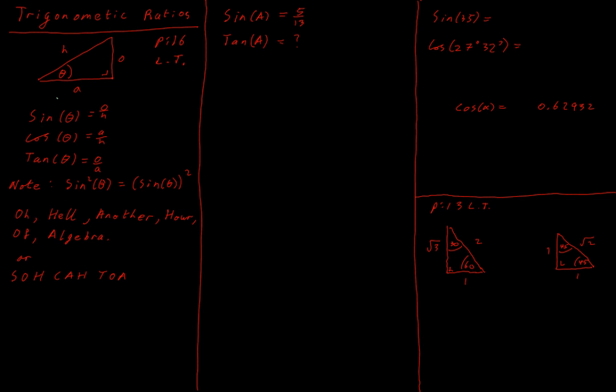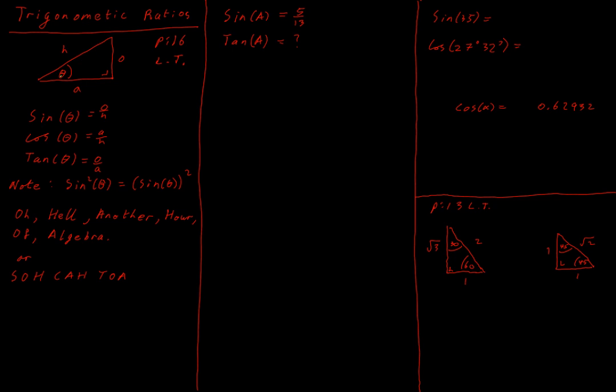Now, if I have an angle theta, which again is just a letter we use for angles at higher level Leaving Cert, the sine of our angle is defined as the ratio of the opposite over the hypotenuse of the triangle. The hypotenuse being the side that is opposite the 90 degrees, the longest side of our triangle.